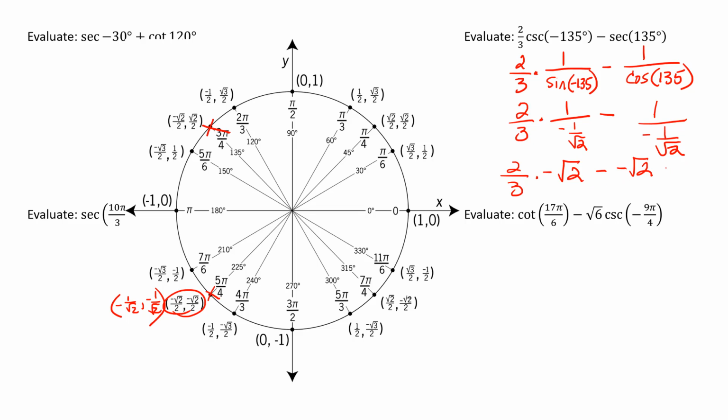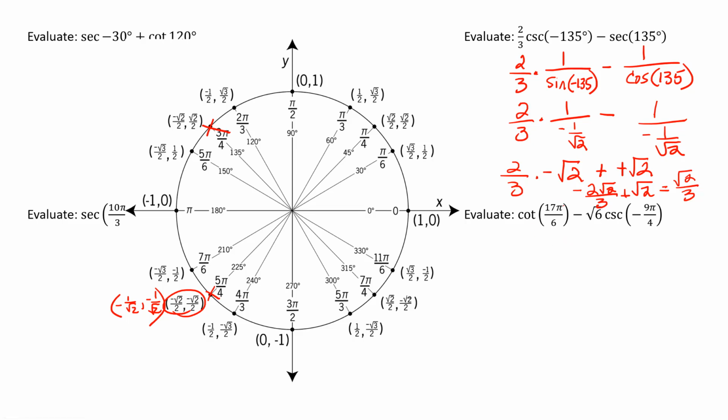So 2/3, well, this is going to be plus. So negative 2 square root of 2 over 3, plus the square root of 2. If we get a common denominator and add, we're going to have negative 2 square root of 2 plus 3 square root of 2 over 3. And that will give us just the square root of 2 over 3.